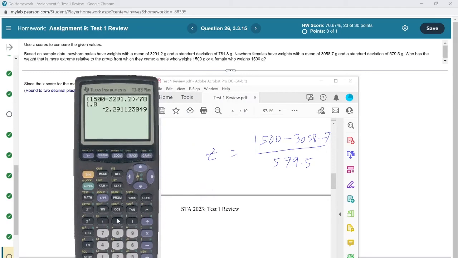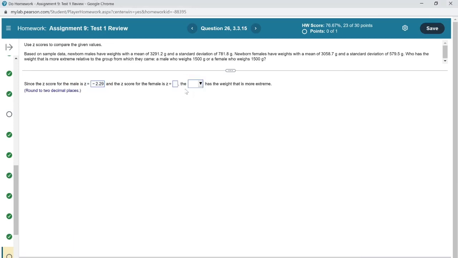That gives me 1500 minus 3058.7 divided by 579.5. The z-score for the female is negative 2.69. So comparing the z-scores, anything less than negative 2 is an extreme value, and negative 2.69 is more extreme, so the female has the weight that is more extreme.